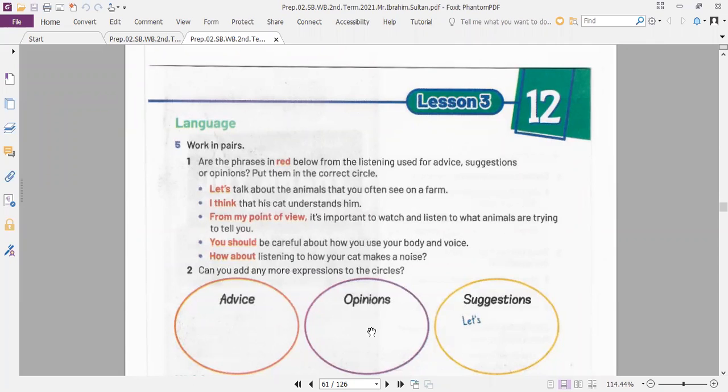Is this an advice, opinion, or suggestion? Suggestion. Very good. Number two, I think. Opinion. From my point of view. Opinion. You should. Advice. You should advise. How about? Suggestion. Very good.